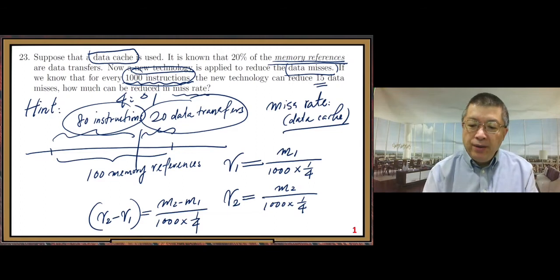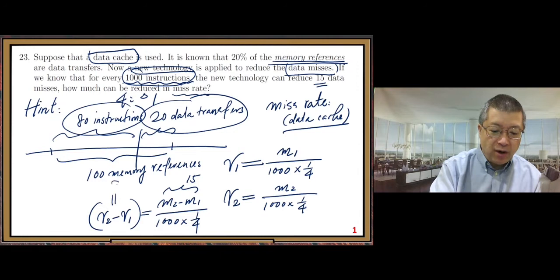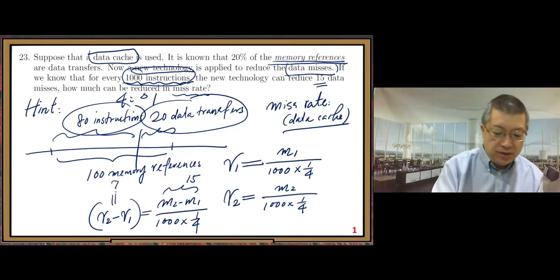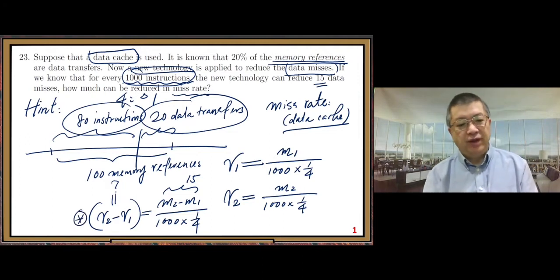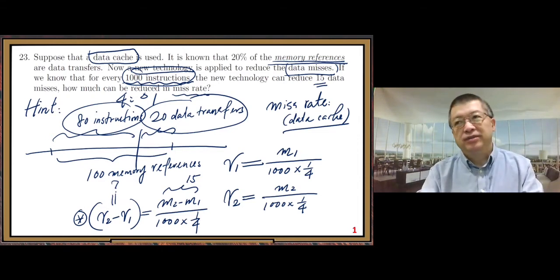Now we know the reduction is 15 data misses. That's the reduction part, right? 15. And what is the reduction part of miss rate? You need to calculate the miss rate reduction. So that's the meaning, and that's the key part of this question.